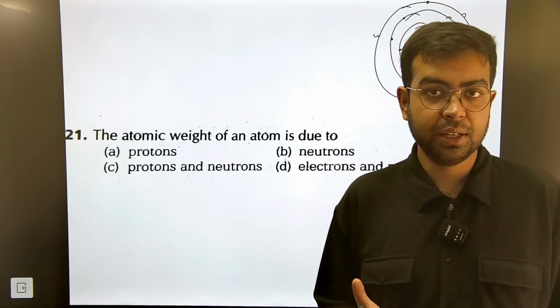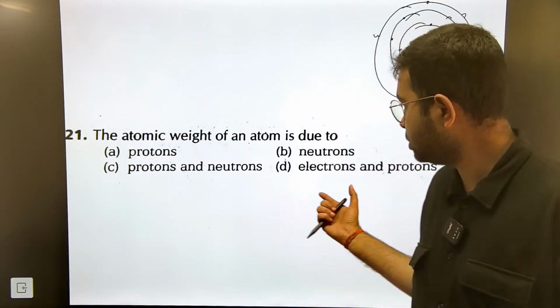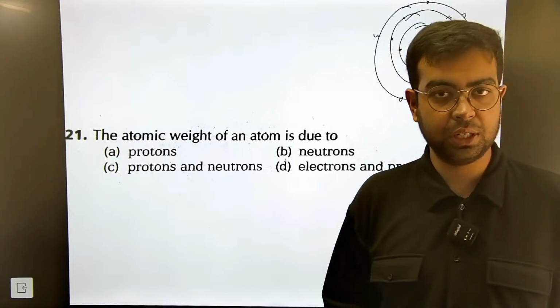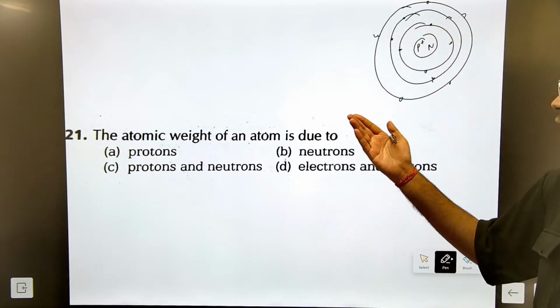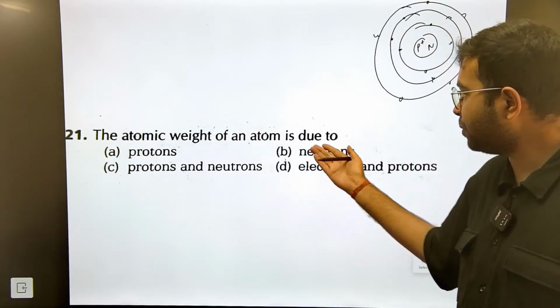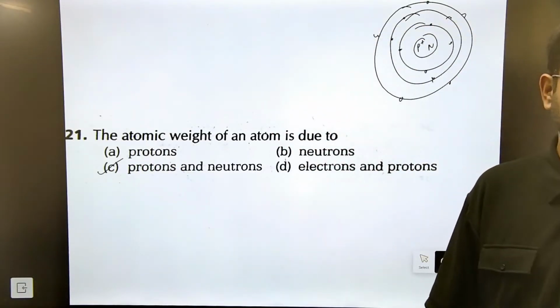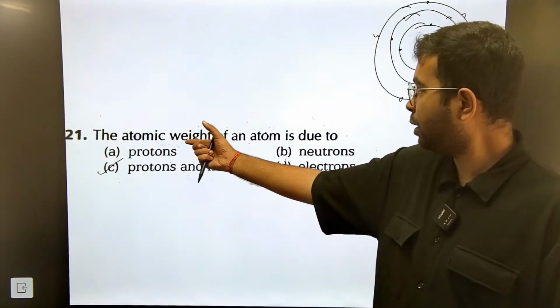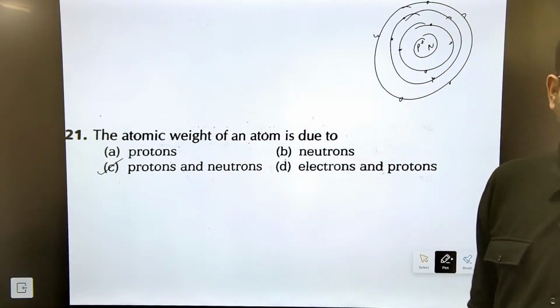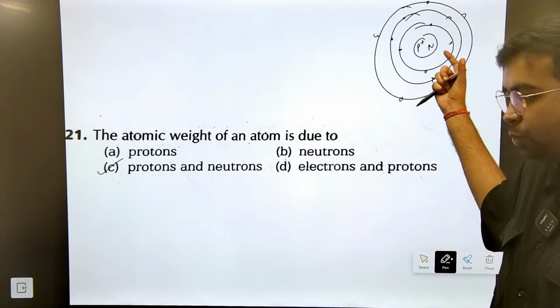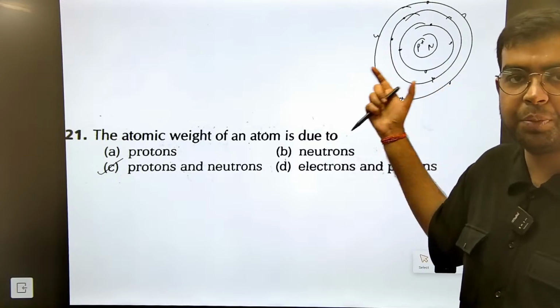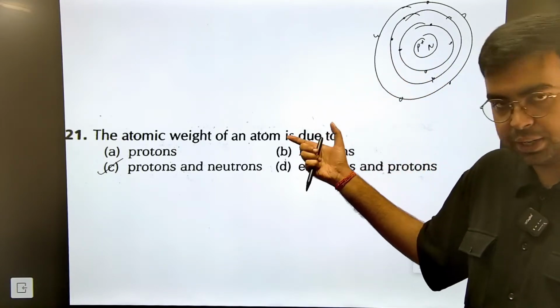अभी न्यूक्लियस के अंदर क्या क्या है? न्यूक्लियस के अंदर you have the protons and the neutrons, as I told you just now. So what is contributing to the atomic weight of an atom? Answer is option C, protons and neutrons. The atomic weight of the atom is due to protons and neutrons. Why? Because protons and neutrons are present in the nucleus. The nucleus is the primary and only factor of the atomic weight.